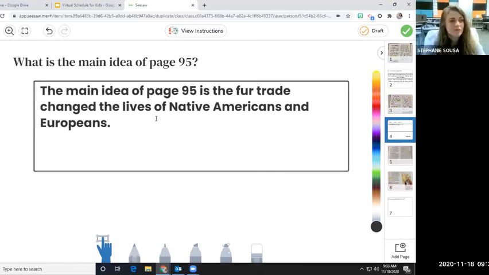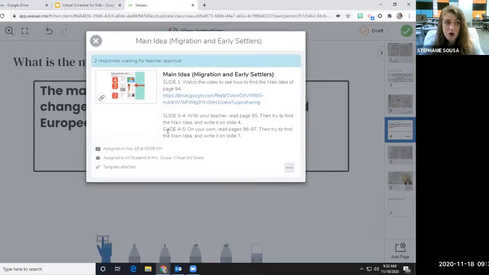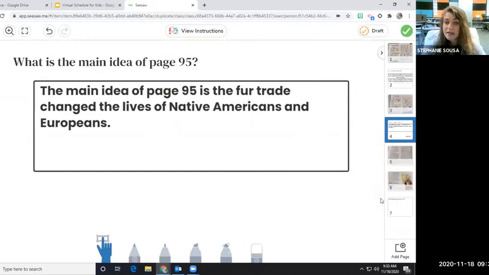All righty. So this is what you are going to do today during independent work time. Your instructions ask you on your own to complete slides, this should actually say 5 and 6, to read pages 96 and 97 and find the main idea. So slides 5 and 6 have a section of text that you are going to read and tell me what it's mostly about, okay?